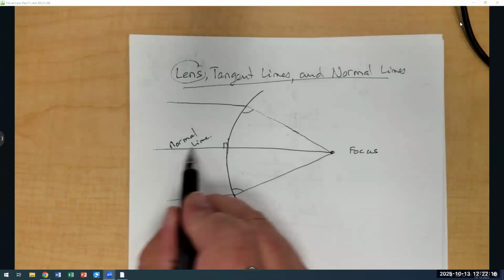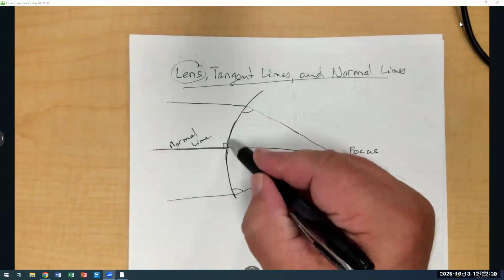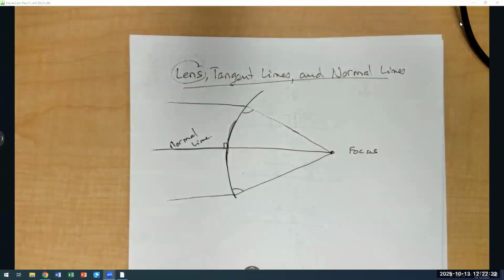Any line that's perpendicular to the bend or the curve or the surface that it's going through is called normal.